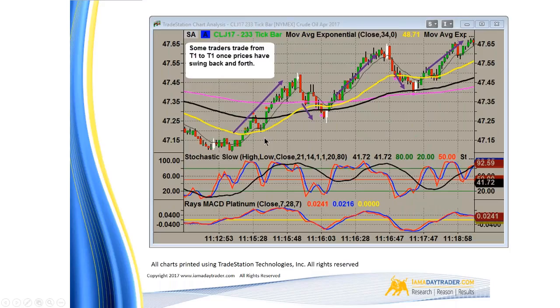But this is the T1 candle. Notice that when you have the T1, back on white here, you're seeing it swing back and forth. From the lows, there's the T1 candle in the bullish direction, and then in the bearish direction.